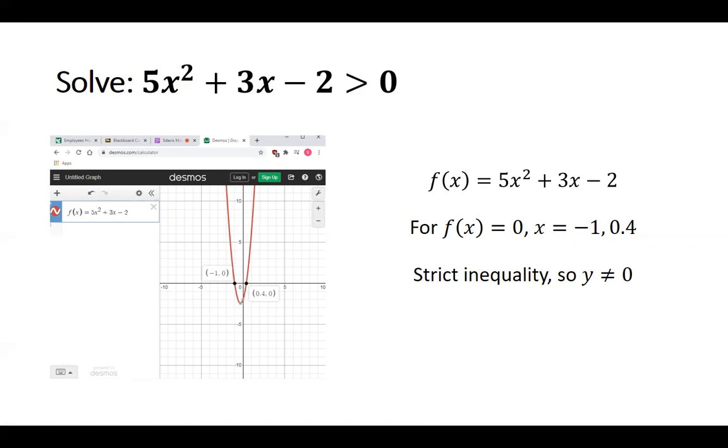Well, starting at negative infinity, going to -1, exclusive, and then from 0.4 exclusive to positive infinity. Remember, I can't include when x is equal to -1 or when x is equal to 0.4 because it's a strict inequality. We're looking for when the function is greater than 0.